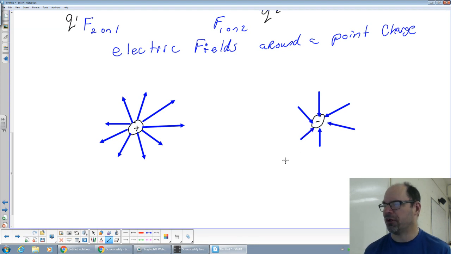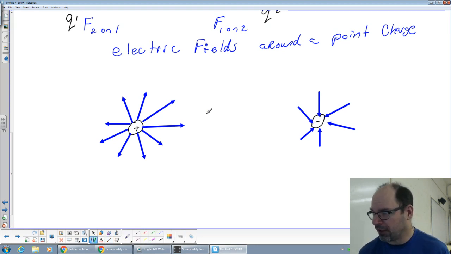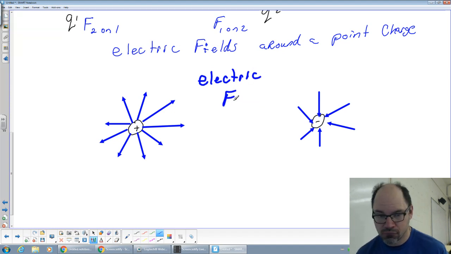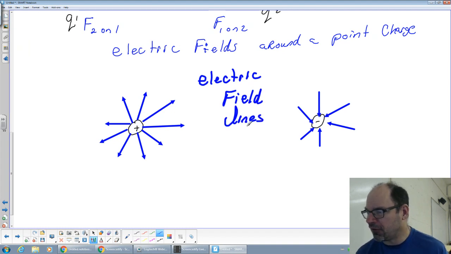So this is the electric field around a positive charge, and that's what this blue stuff is. I should probably label that. The electric field lines represent the force around them.